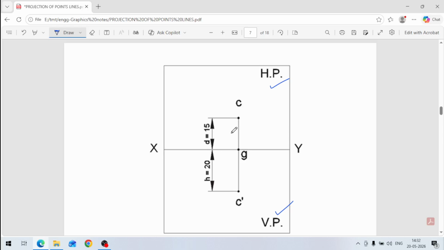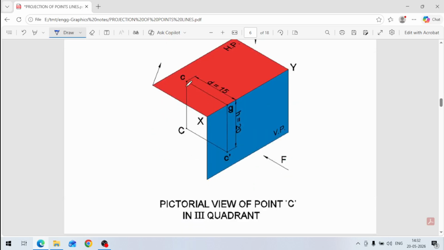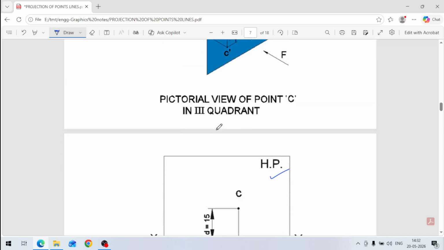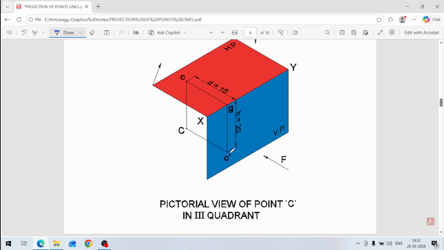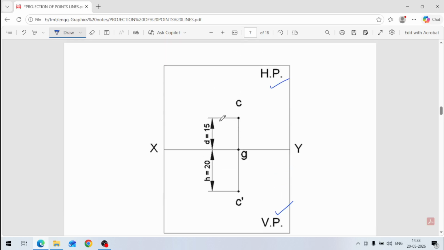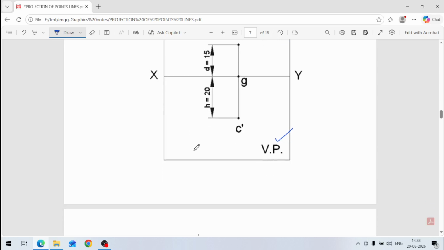These are the projections of the point C and C dash. You see, this point is here C, and this is C dash. So for point C, D is equal to 15, and here for C dash, H is equal to 20. This way, these are the projections in the third quadrant.